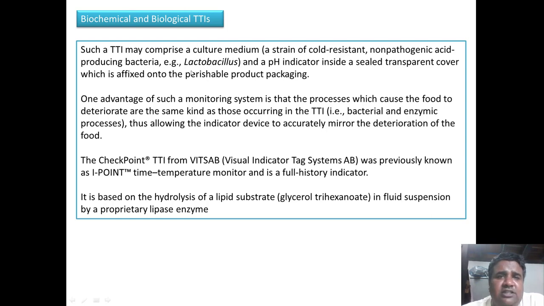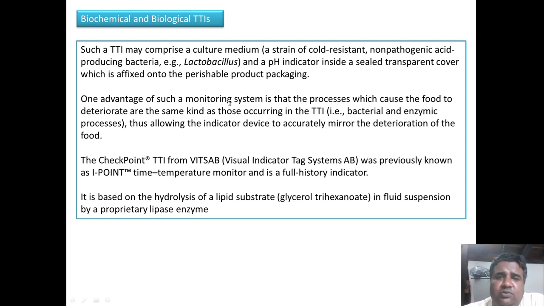This Lactobacillus is basically not a spoilage-causing microorganism, but its physiology is similar to spoilage-causing microorganisms. It is assumed that if it is growing, then the other spoilage microorganisms will also grow, and by the color change we can easily detect whether the product is safe for consumption or not.